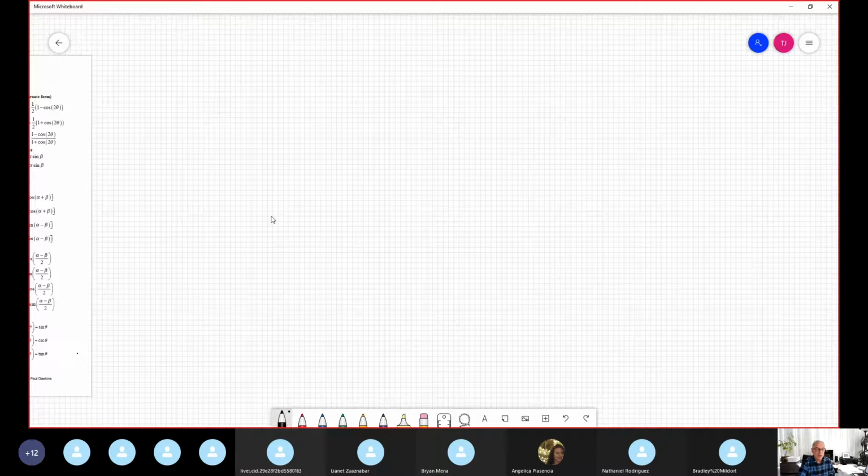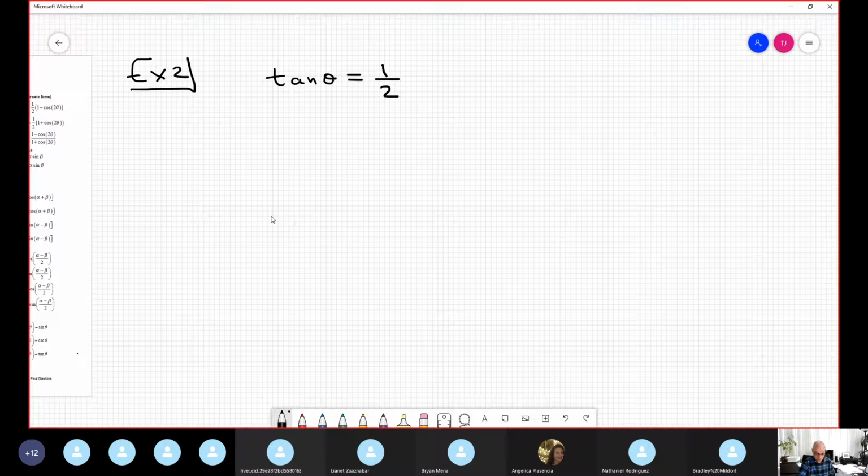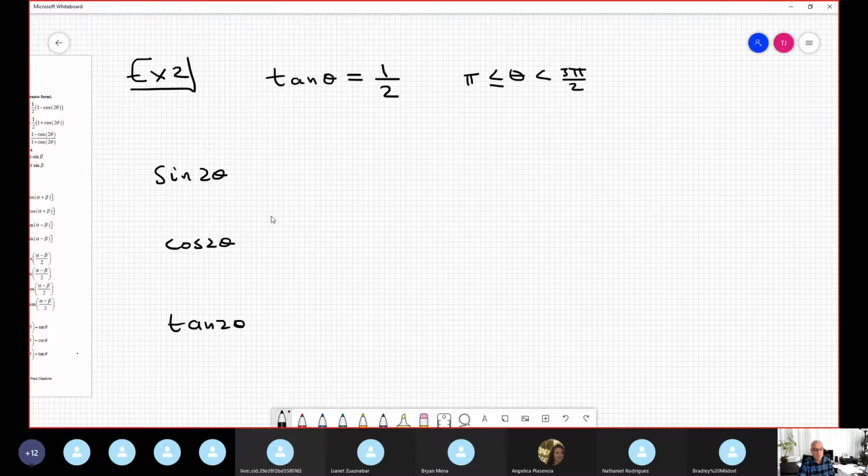Again, we compute the same thing. Example 2 says tangent theta is given, equal to 1/2, and theta lies between pi and 3 pi over 2. You need to find everything: sine 2 theta, cosine 2 theta, and tangent 2 theta, the double angle.